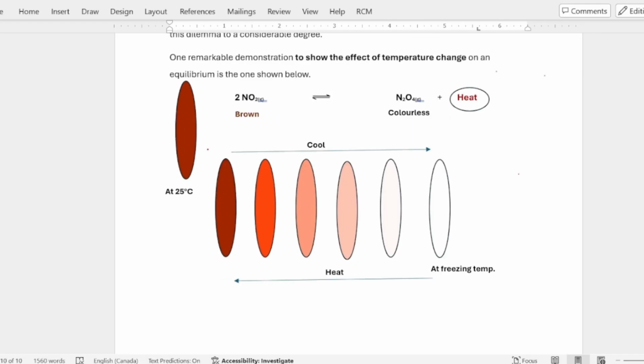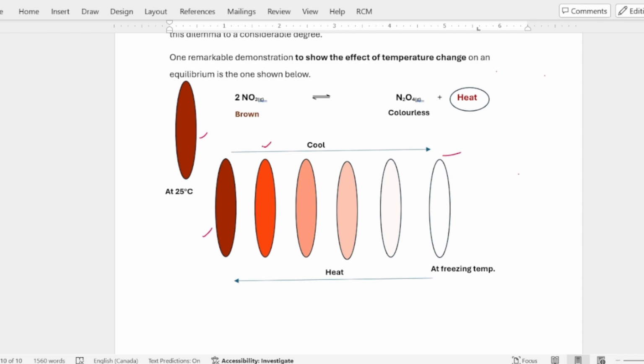To demonstrate the effects of temperature changes on this equilibrium, I will use 2 of these tubes filled with these gases at equilibrium. One of the tubes will be left at room temperature, that had this color, and the other one will be placed in a freezer. Periodically, the one in the freezer will be observed and the following color changes will be produced.